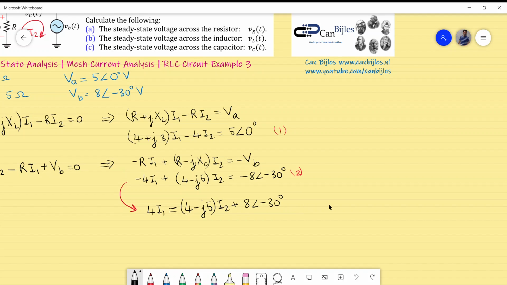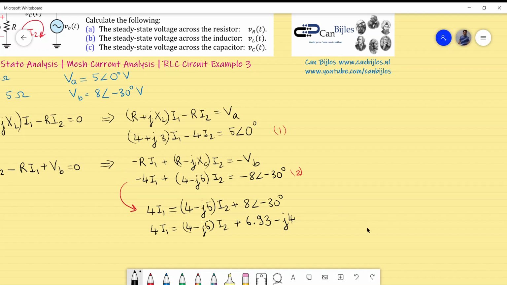So it will be 4 times I1 equals 4 minus j5 times I2. If you do the math here, you just convert this from polar to rectangular representation. We have done this many times. It will be 6.93 minus j4.